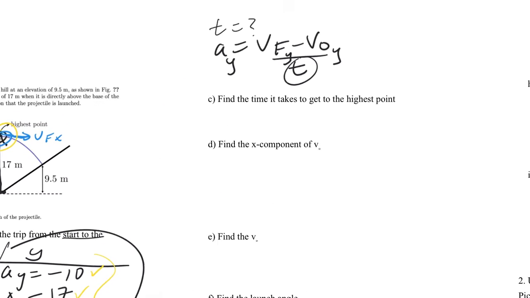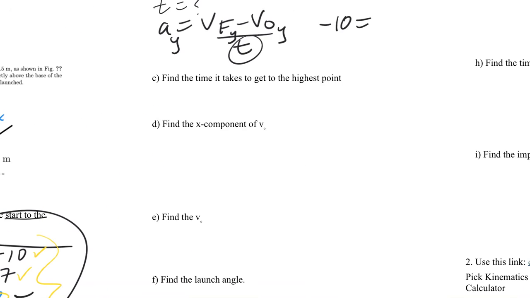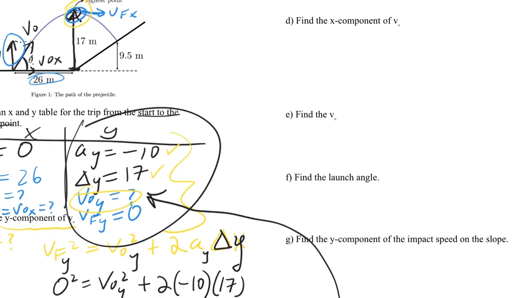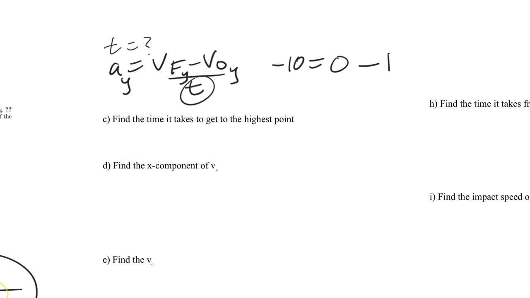So, plug in first. Negative 10 equals VFY, which is 0, minus VOY, which is positive 18.4, over T. Therefore, cross multiply: negative 10T equals negative 18.4.